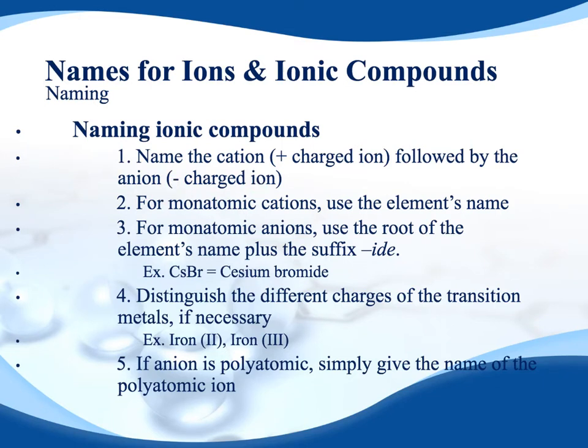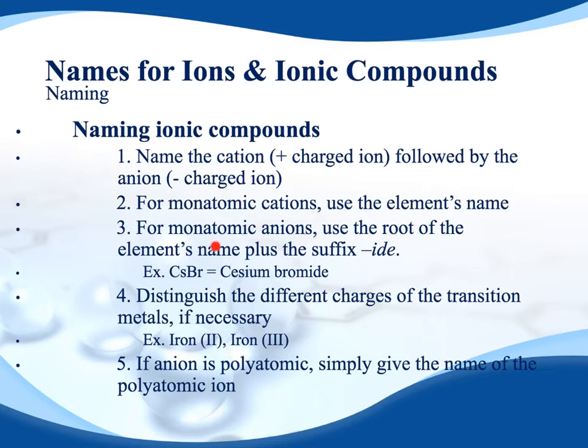If you have a monatomic cation, you use the element's name. These are typically metals, and all you do is say the name of the metal: sodium, lithium, potassium, calcium, magnesium, aluminum. That's what you start with.